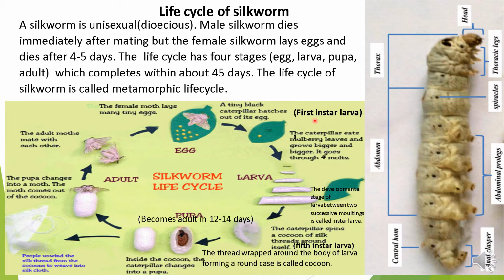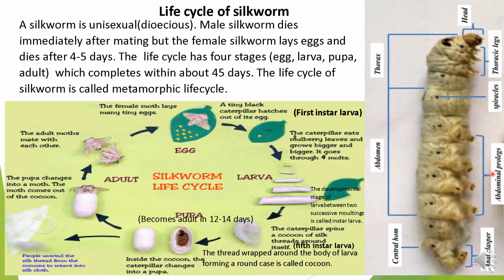It has a small head with chewing type of mouth, a large and segmented thorax with 3 pair of true jointed legs in the thorax, also known as thoracic legs, and an elongated and segmented abdomen with 5 pair of unjointed prolegs or false legs present in the abdominal region.